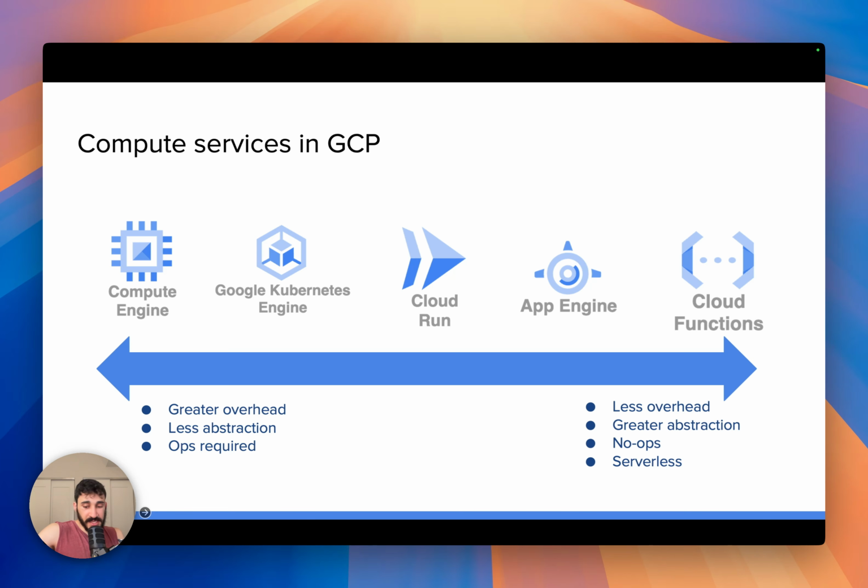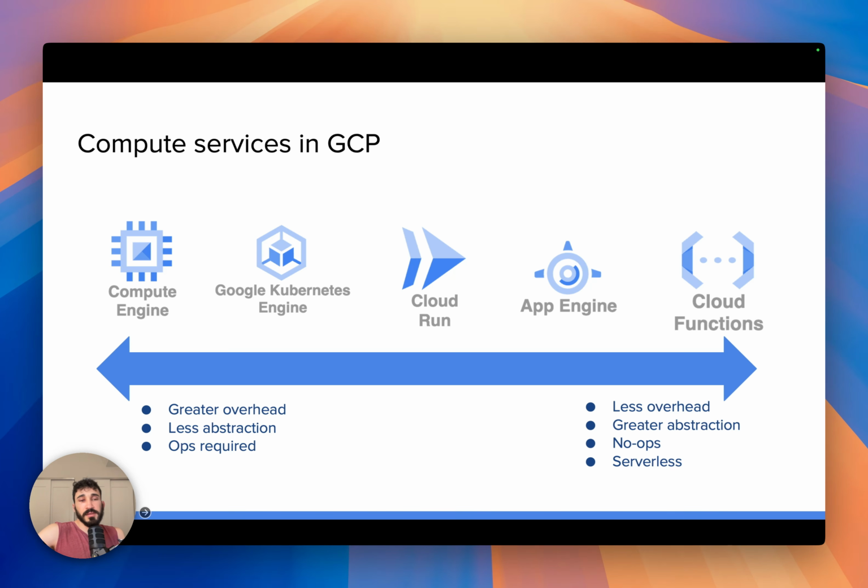And you will often see on the ACE exam and GCP exams in general, actually, language that hints at the right answer based on the level of overhead and abstraction that's required. So, for example, they might say, there's a company whose team is looking to migrate its applications to the cloud.